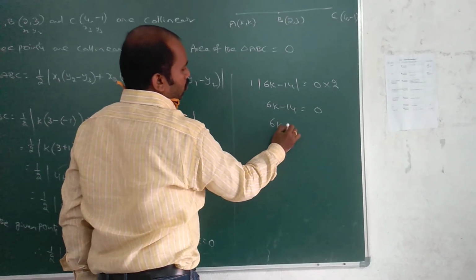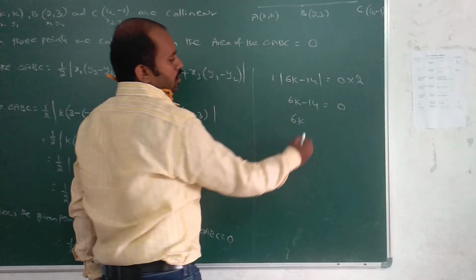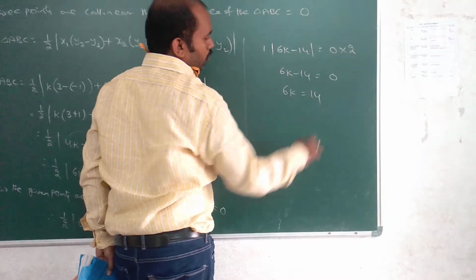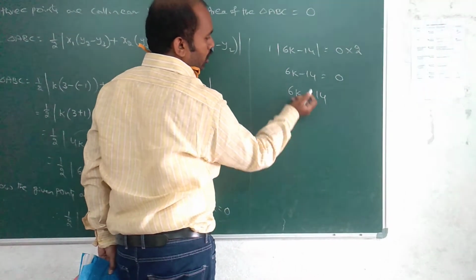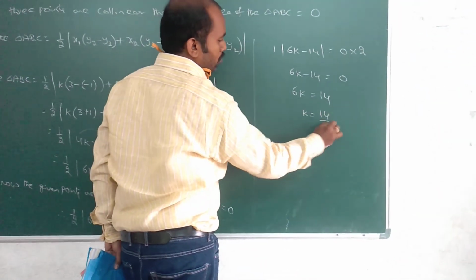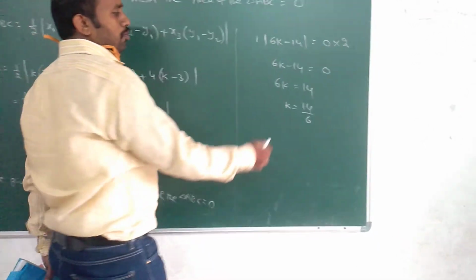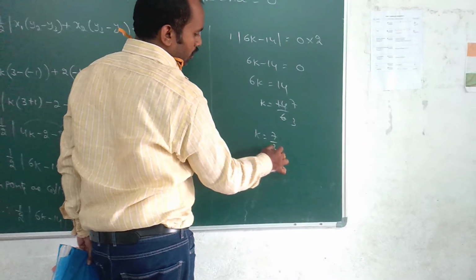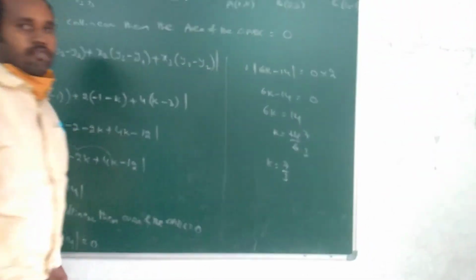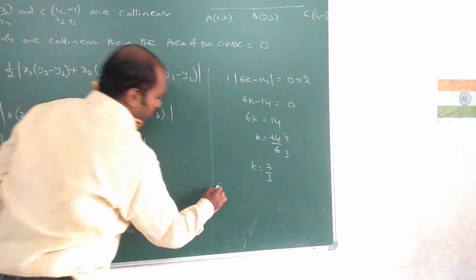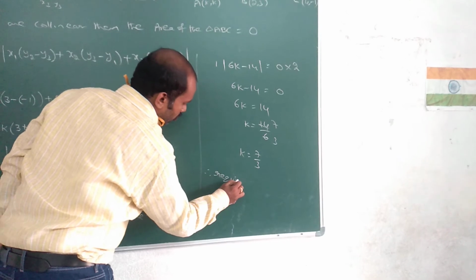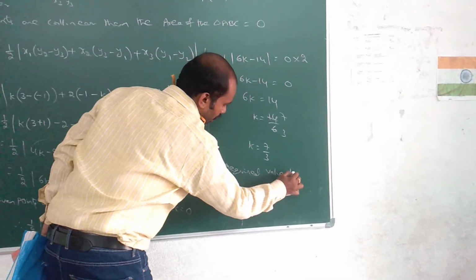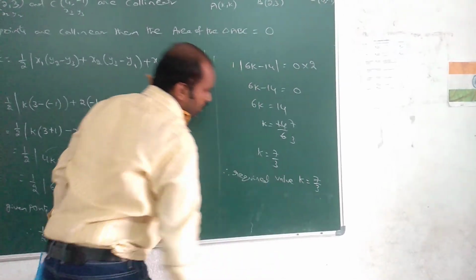Now remove the modulus. 6k equal to minus 14, take it to the right side, plus 14. 6k equal to 14, means k equal to how much? 14 by 6. Now simplification: 2 7s are there, 2 3s are there. That is k equal to 7 by 3. That is the required value of k. Therefore, the required value k equal to 7 by 3.